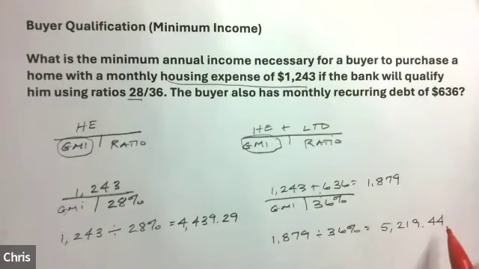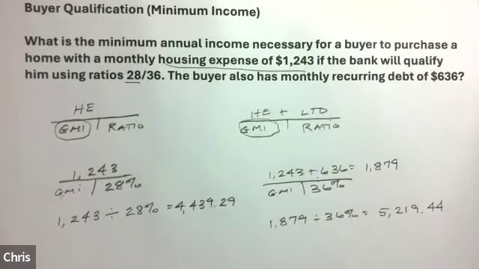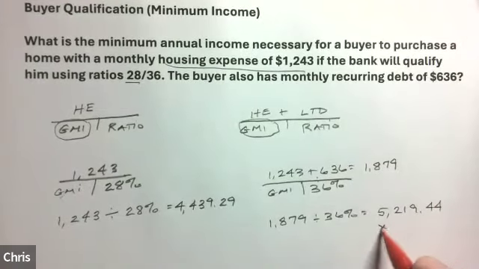Okay. Now, let me remind you, when asking a minimum income question, the answer is actually going to be the higher of the two numbers. Because remember, the bank would rather you make more money than less. So in this case, because he's got too much back-end debt, he's going to end up having to make more money. So we're going to take the 5219, we're going to multiply it by 12.